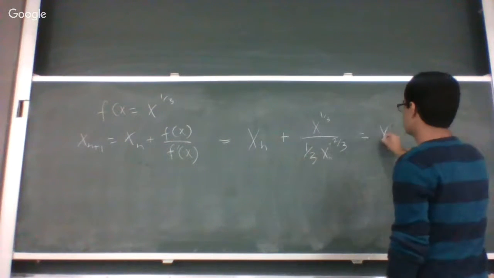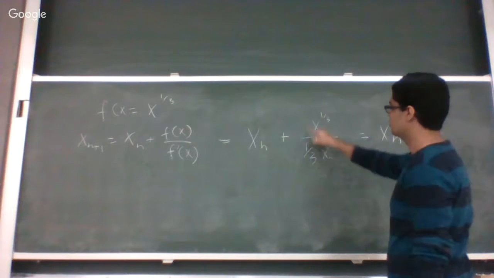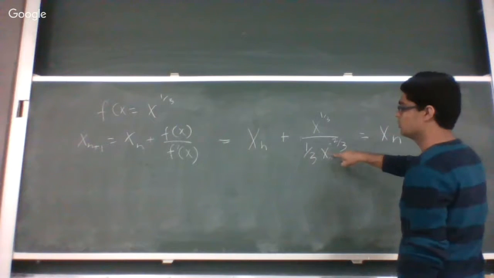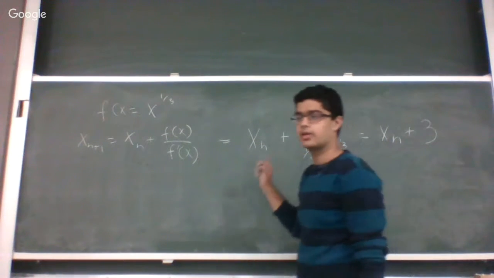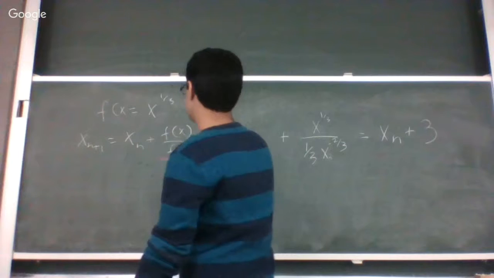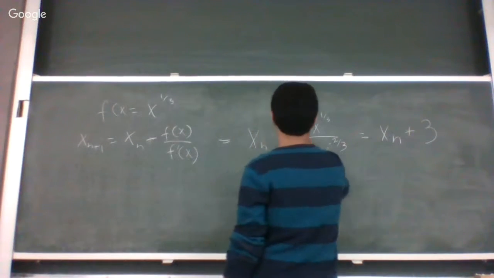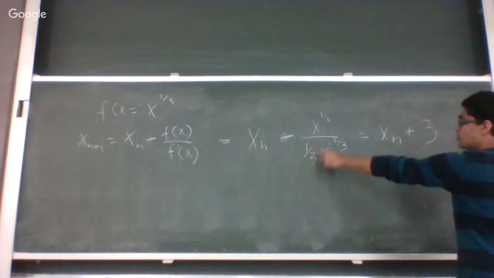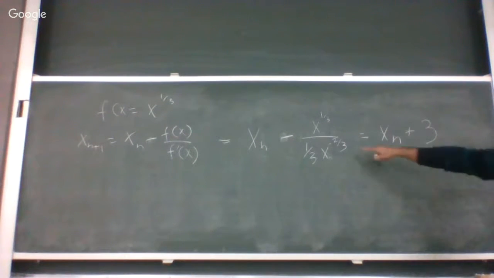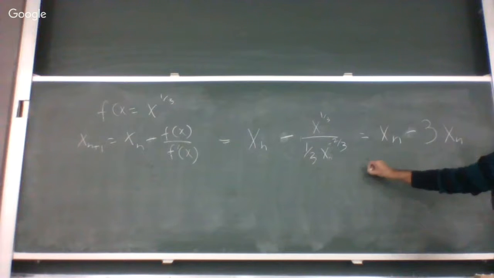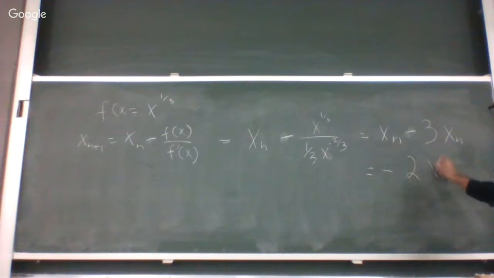We get x sub n minus 3. Is it a minus here? Yeah. The 1/3 becomes a 3. This goes up, and we're left with x sub n plus minus 2 x sub n.